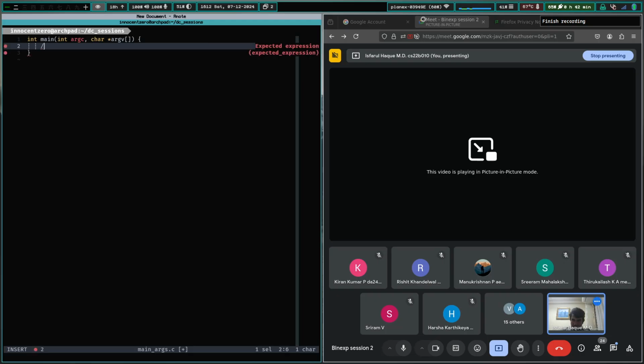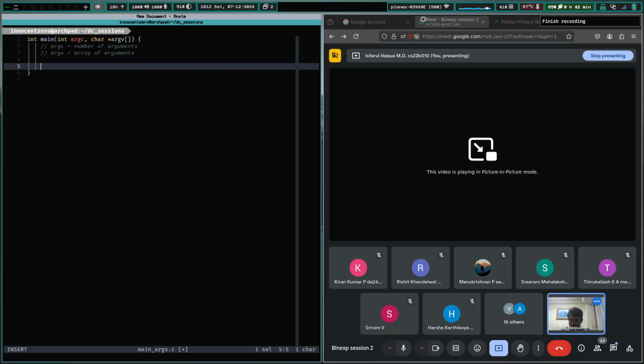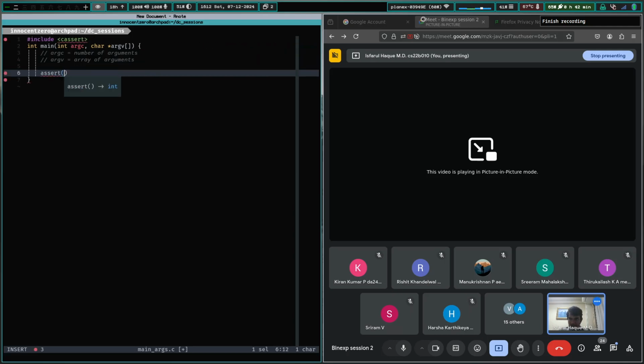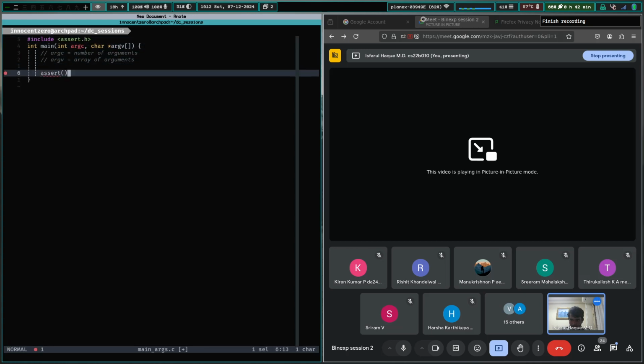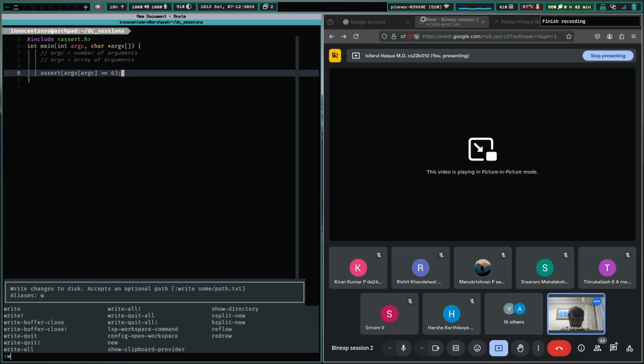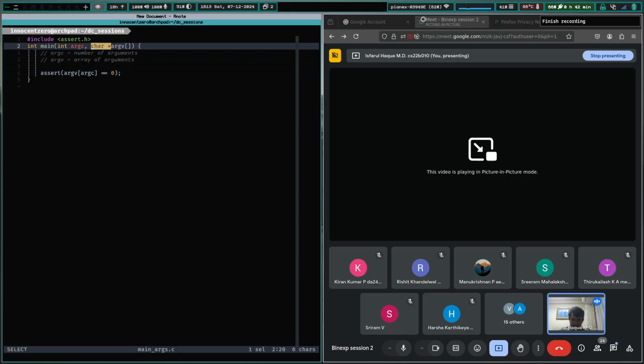A couple of things. argv is an array of pointers to strings.